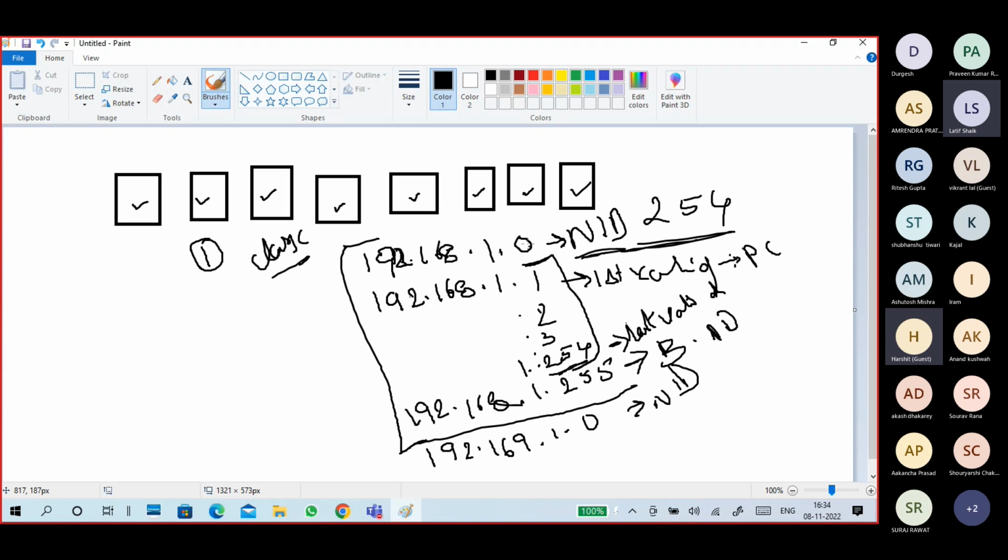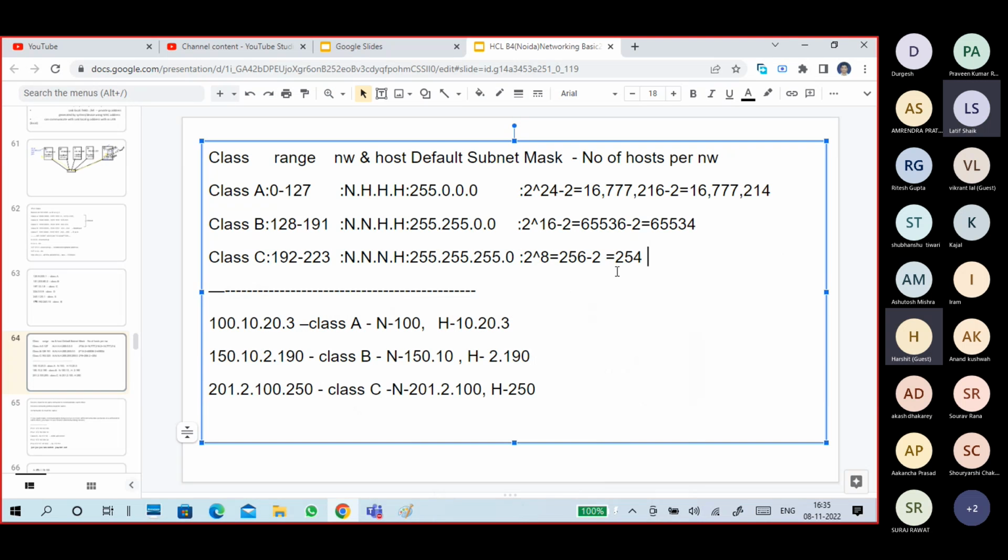Yes, sir. Okay, so this is the range. The first one is the network ID, the last one is the broadcast ID, and the remaining are host IDs, valid host IDs, which we can assign to devices. So the total number is 0 to 255, meaning 256 minus 2, which is 254. So totally 254 devices will get an IP address, 254 IP addresses without changing the network ID.